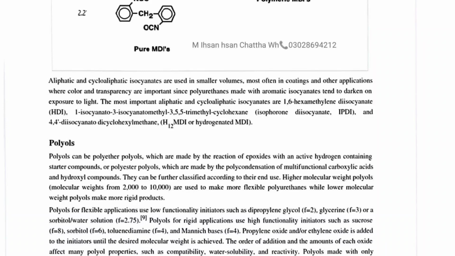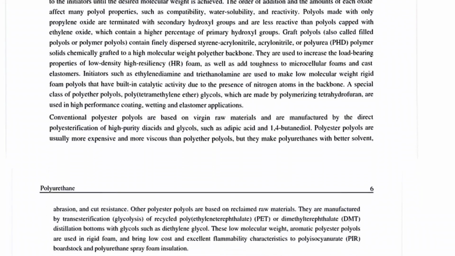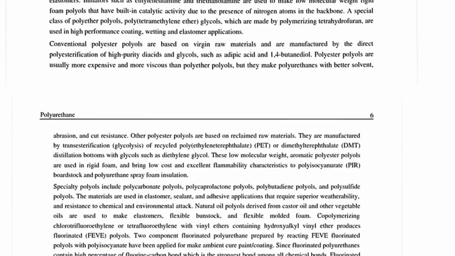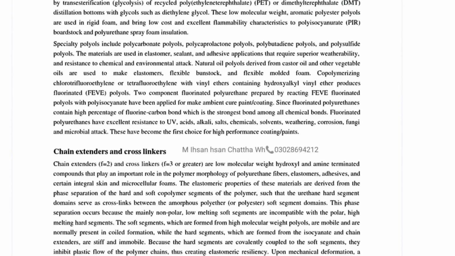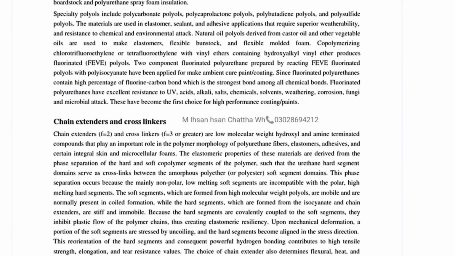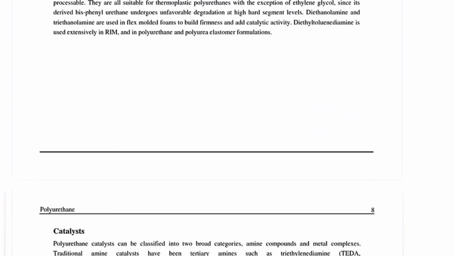For rigid applications, high functional initiators such as sucrose, sorbitol, toluene diamine, Mannich bases, propylene oxide, and ethylene oxide are used. These are the initiators utilized in polymerization. Polyurethanes have a wide range of impact and utilization, and various classes are formed with different molecular weight and cross-linking.